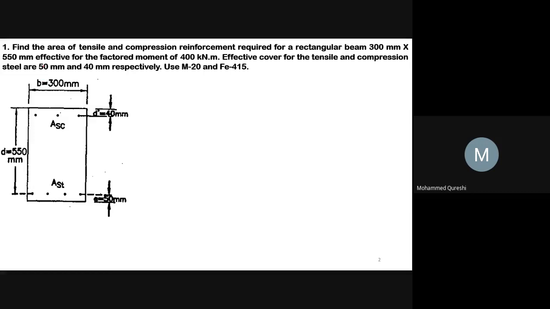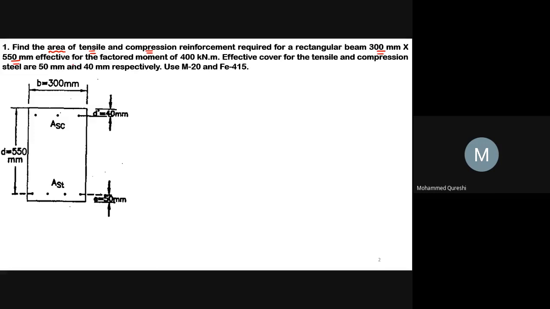In the first example, it is given to find the area of tensile and compression reinforcement. We have to find the area for tensile steel as well as for compressive steel required for a rectangular beam of 300 mm into 500 mm, 550 mm effective.